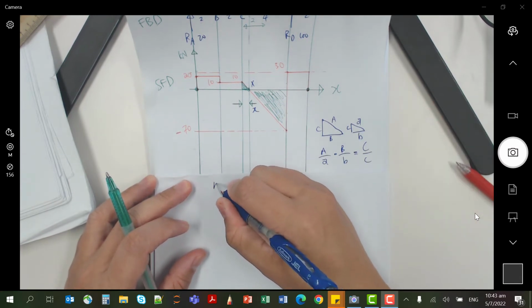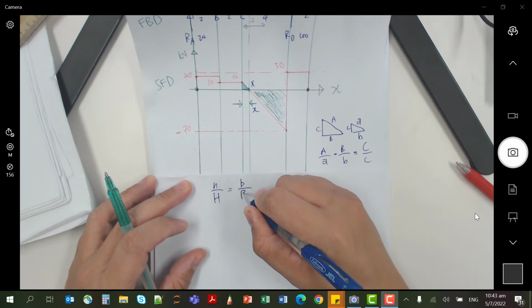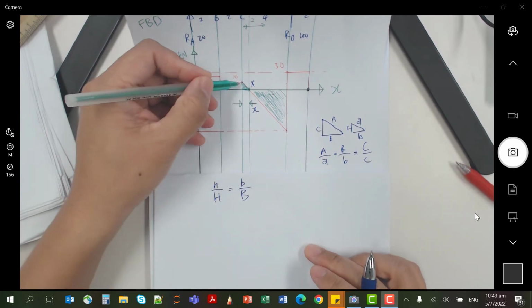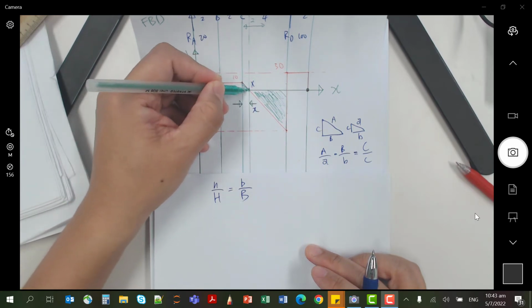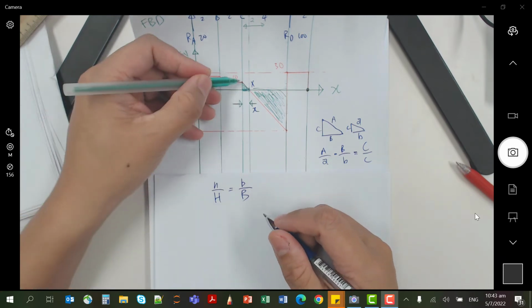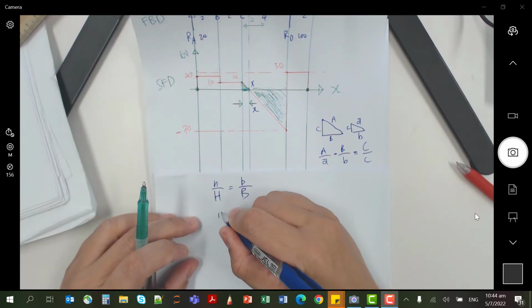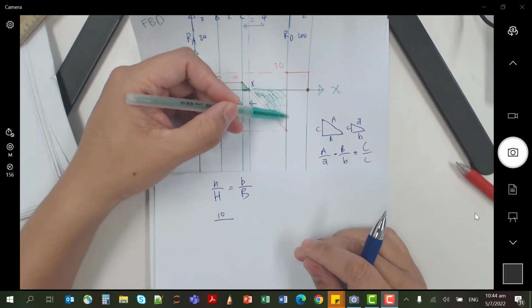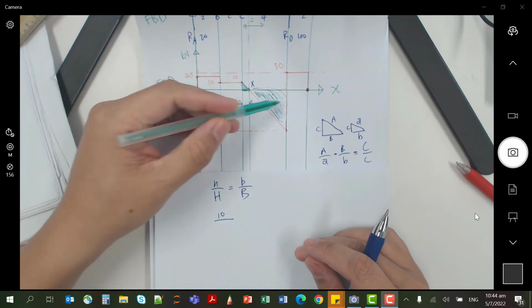So the height over height equals base over base. Height is this one, and base is this one. The small height is 10, right? The big height is the actual magnitude itself. The magnitude is 70.